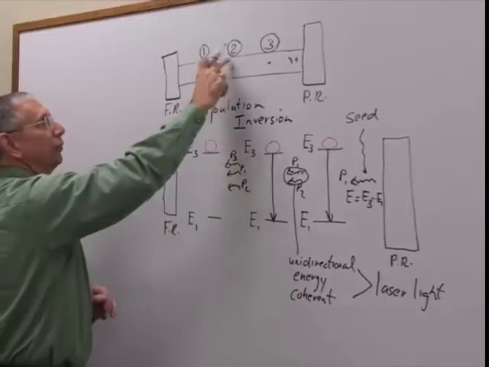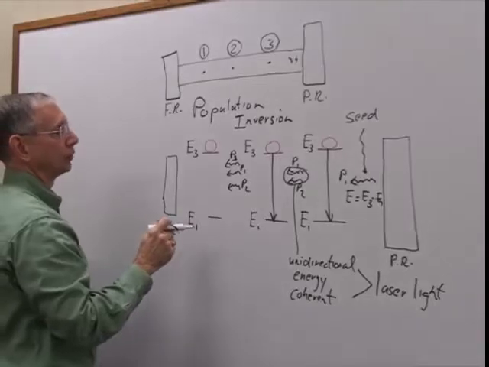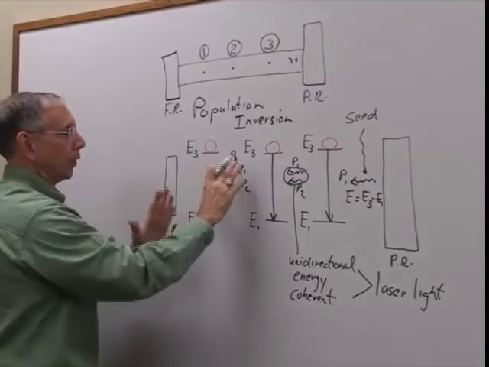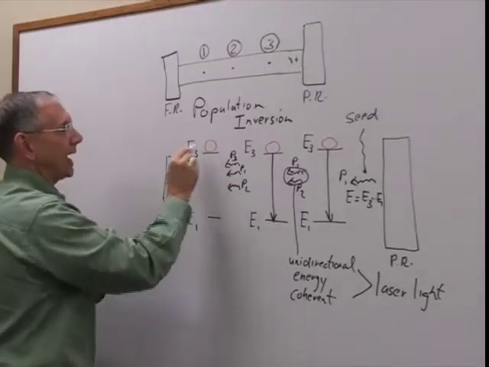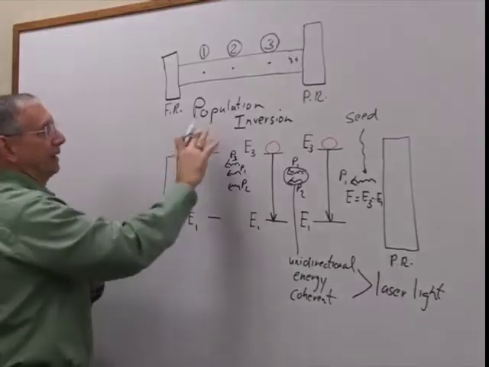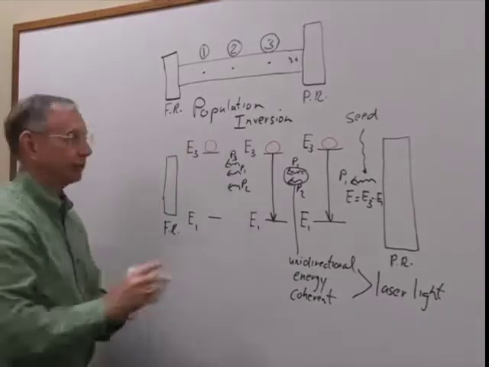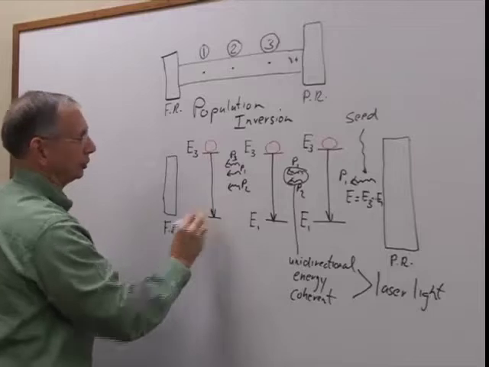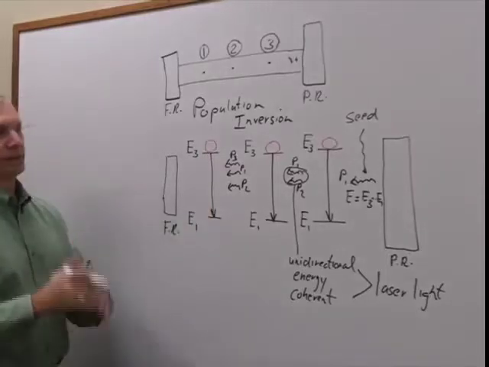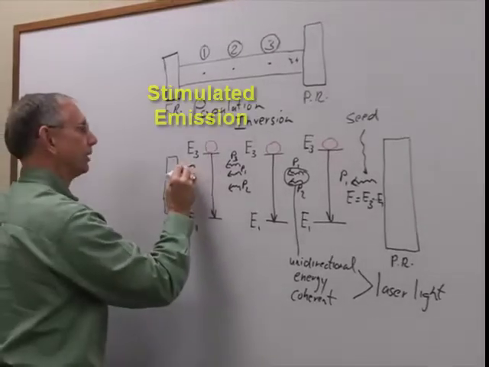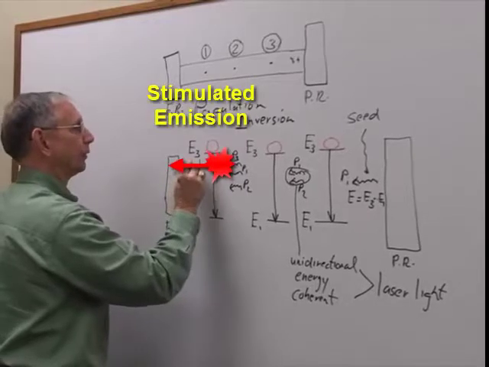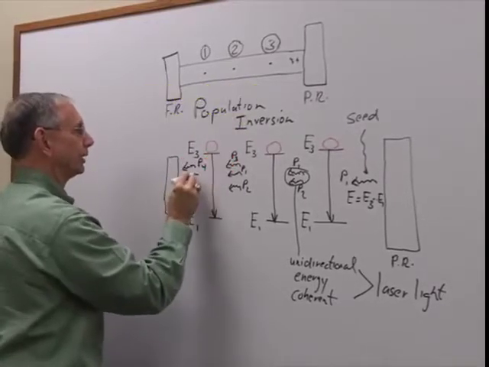Again, as we move from location 2 to location 1 in this laser, one of these three photons interacts with this atom. It again stimulates it to drop down into its lower energy state. The same result occurs, and we end up with a fourth photon being produced.